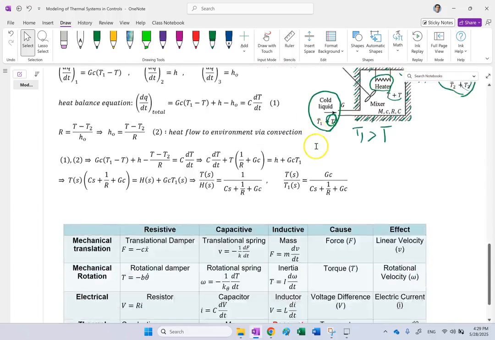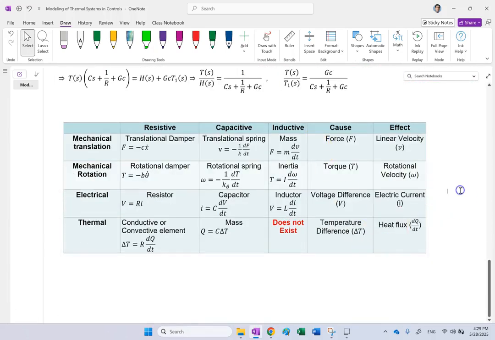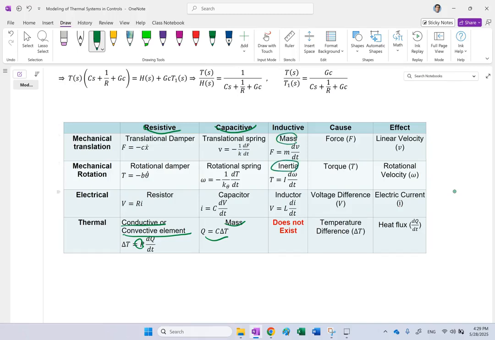So before I go to my examples, if I want to compare a thermal system against mechanical and electrical systems, I can say that if a material does conduction or convection, I can define a resistance for it. Okay? Any mass that stores energy can be defined as a capacitor or capacitance. In thermal systems, we do not have any equivalent for inertia or inductance.